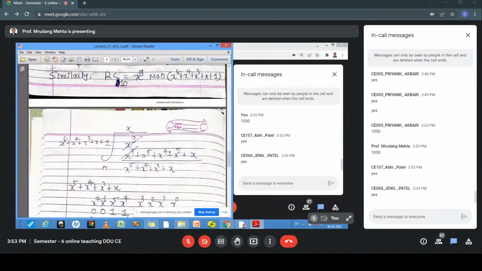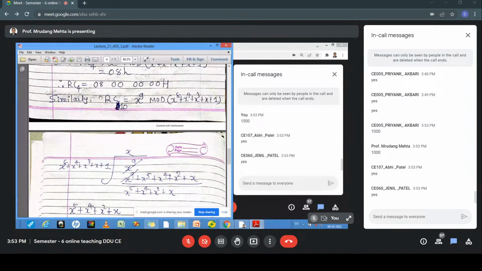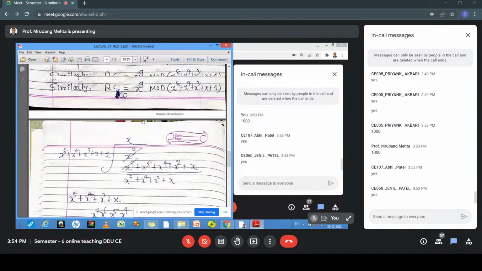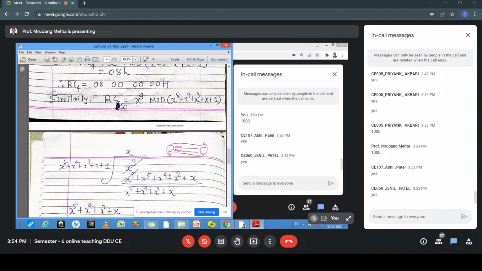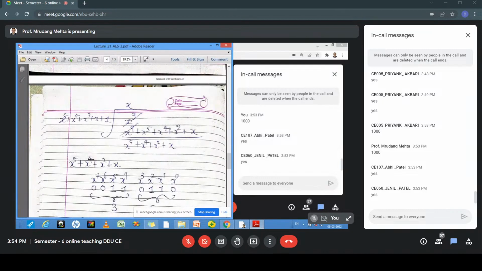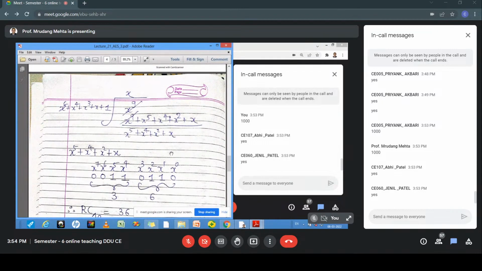But let us consider RC10. For RC10, we have x raised to 9 mod this. We have to apply the formula because we cannot find it straight away. So x raised to 9 divided by this polynomial, we multiply it by x, so x raised to 9 gets cancelled out, and then we have this remainder: x raised to 5 plus x raised to 4 plus x squared plus x.